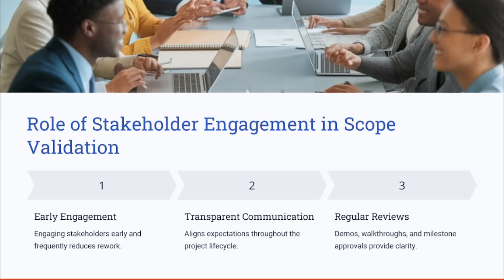Engaging the stakeholders early and frequently reduces rework and also improves the satisfaction of these stakeholders. And think of transparent communication to align expectations. By conducting regular demos, walkthroughs, and milestone approvals, that will provide you and the team the clarity.